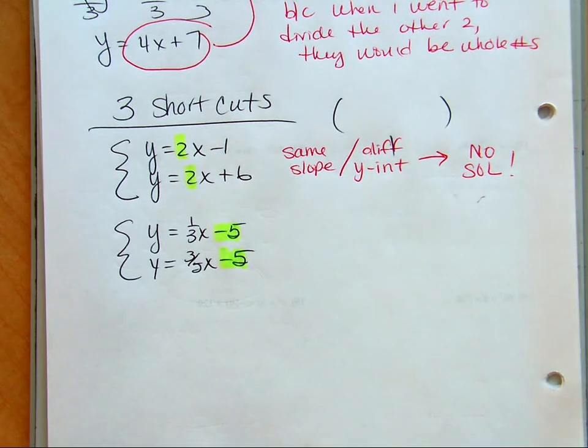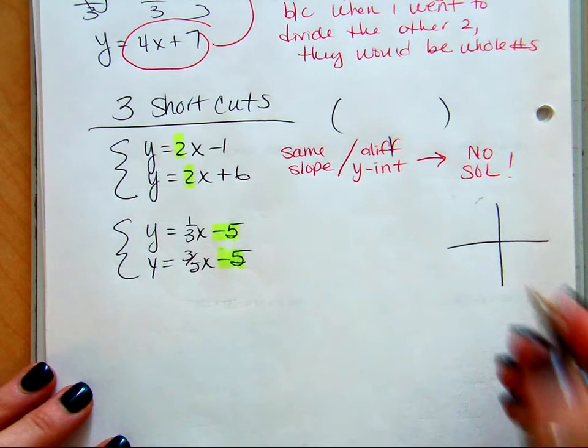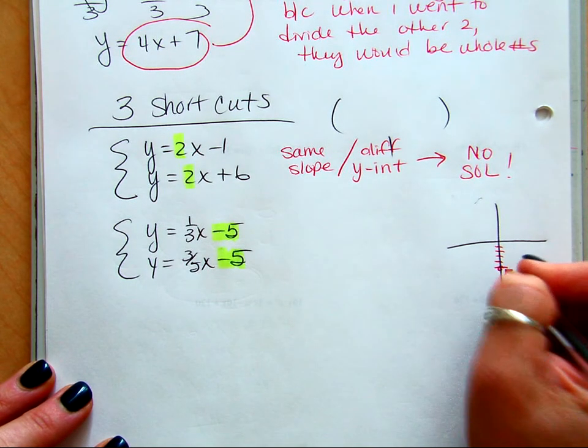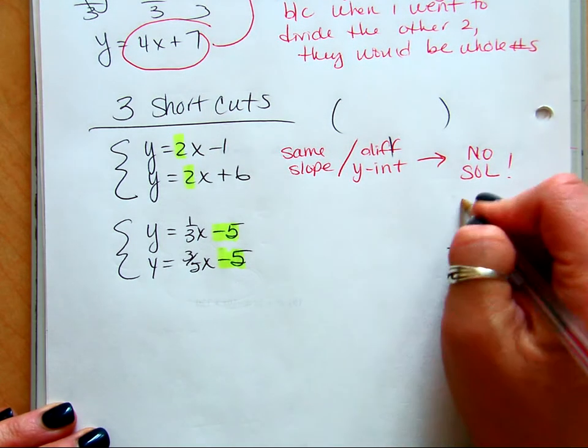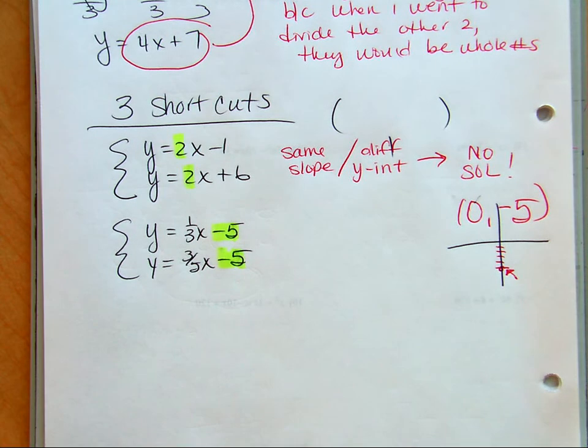Save yourself some work. Where are they going to meet? It's not no solution. It's not infinitely many. They're just going to meet at the y-intercept this time. Which is what? You have to know the name of that point to get this right. 0, -5. It's the y-intercept, and the y-intercept always has a 0 in the x spot.